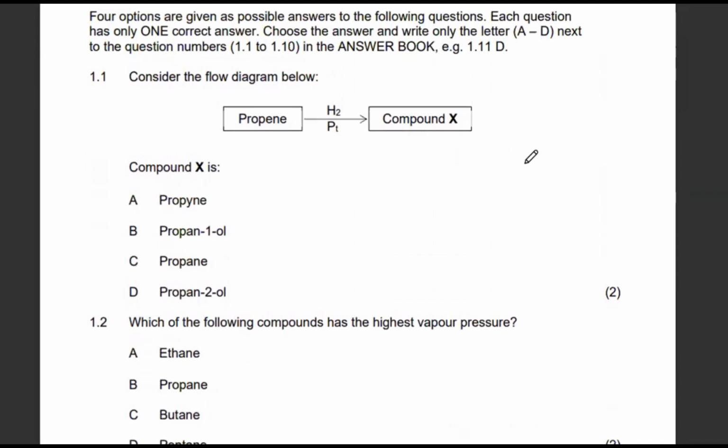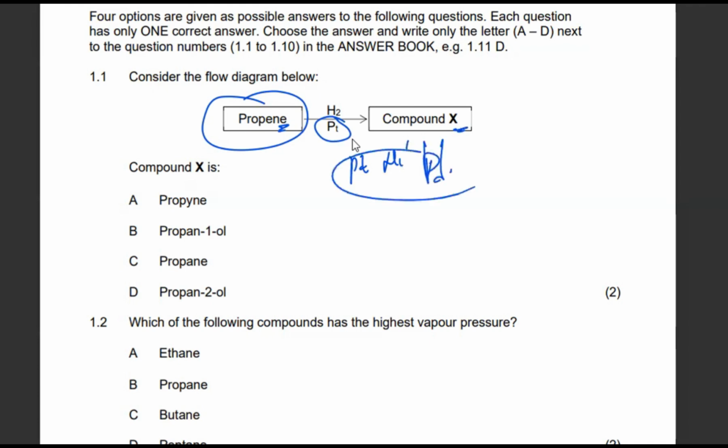They're saying, consider the following diagram. So here you have the diagram, and here you have propane. And then propane, what do you form? You form compound X. The moment you add the Pt, it can be Pt, it can be nickel, it can be palladium.